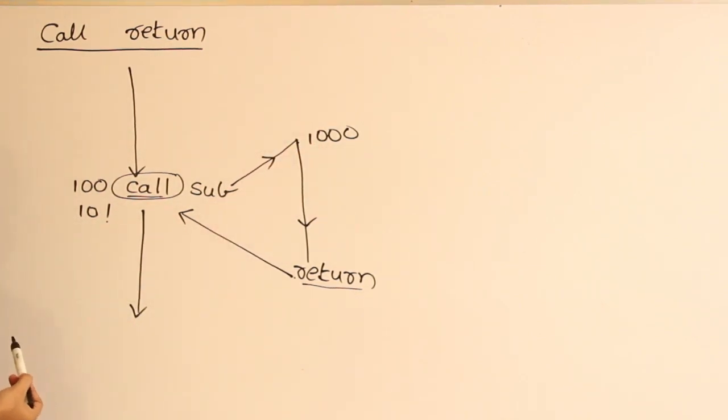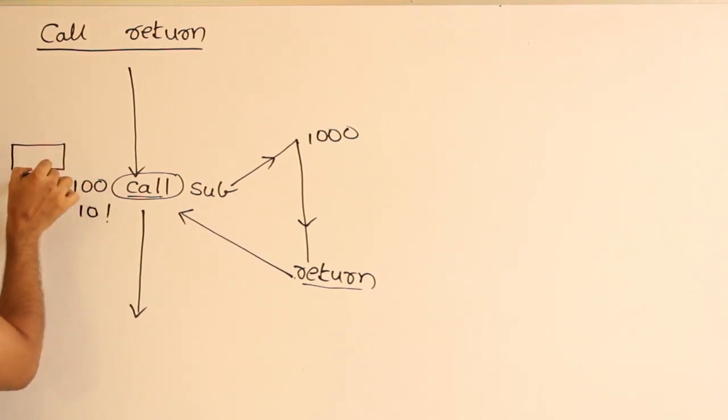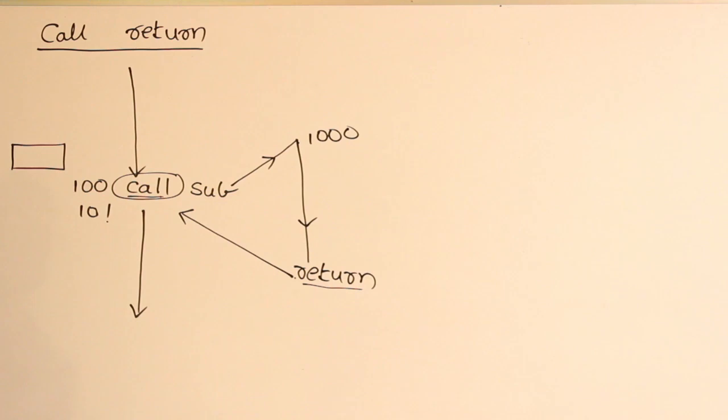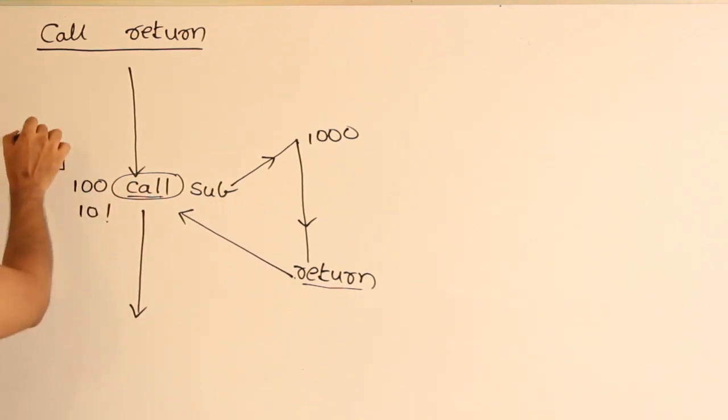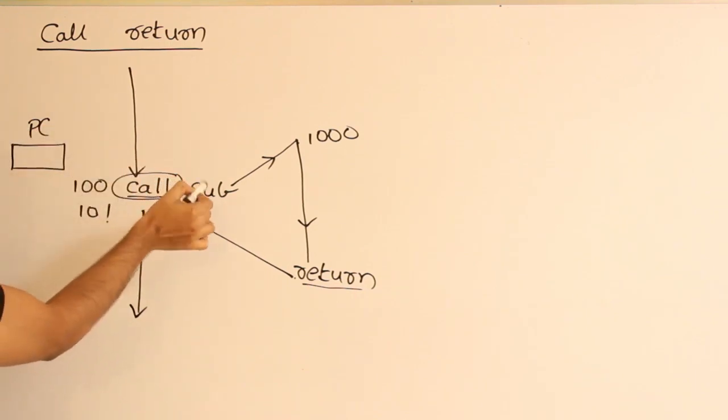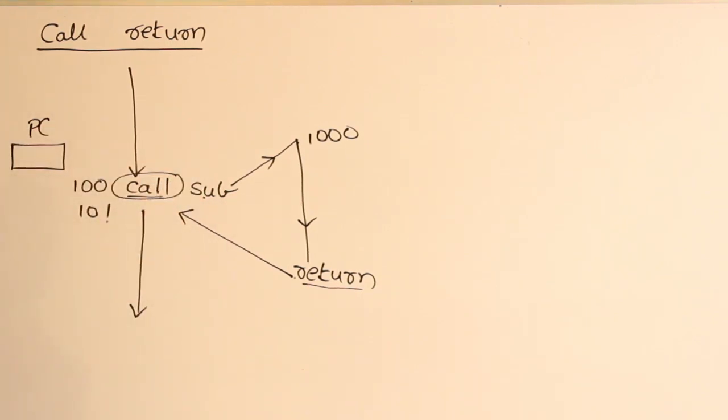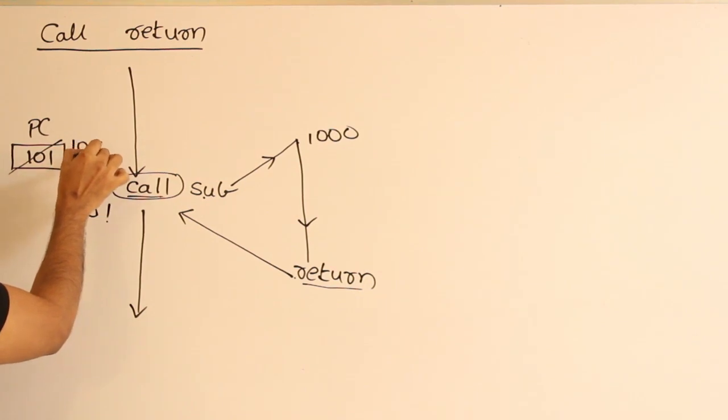So what should happen? One simple thing that should definitely happen is, when you are calling this subroutine, the program counter should be loaded with the effective address of that function, right? So even though 101 has to be here, it has to be loaded with 1000, right?